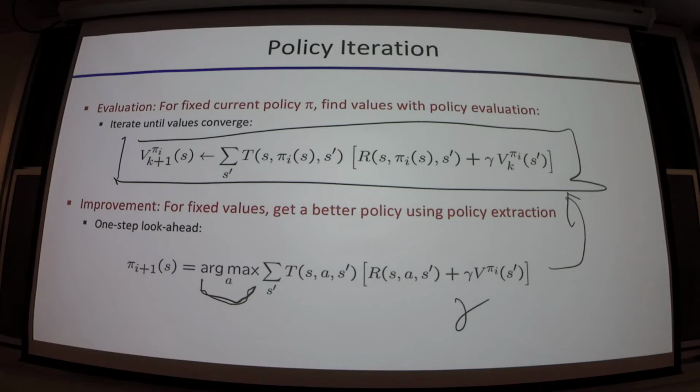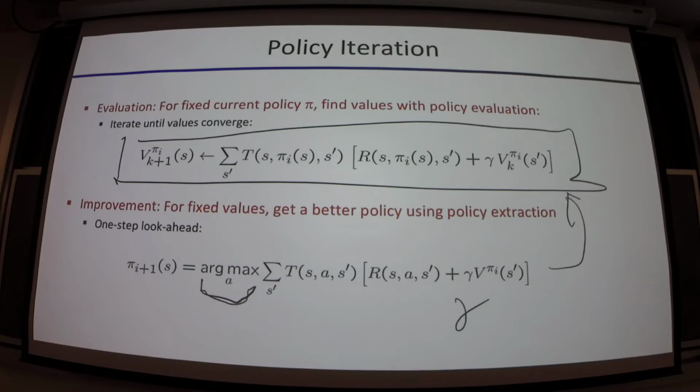Yes? So with a fixed policy, do we just start off with some random policy for this? Maybe. Yeah, maybe you start off with some trivial policy like we were talking about earlier. Maybe you start off with something random. Maybe you start off with a good guess that was computed by something previously.